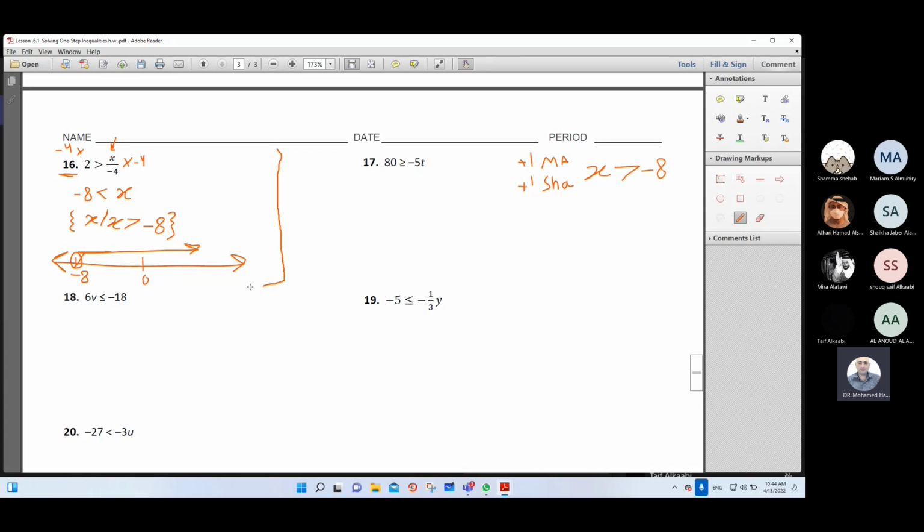Who has any question here? No questions? Fine. I want from all to try to solve number 17, please. Then tell me what is your answer. Start, please.